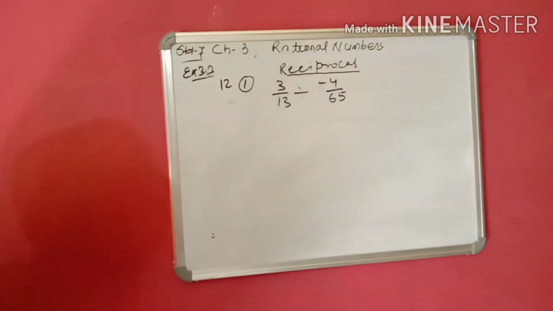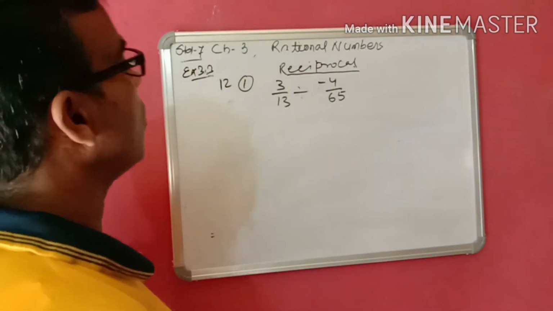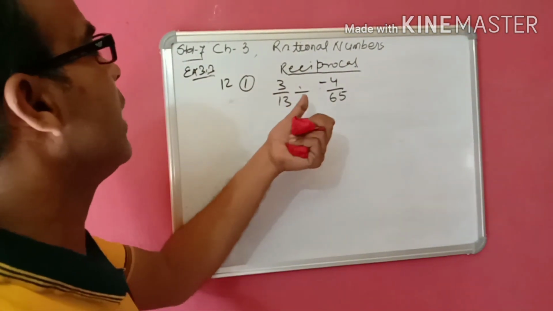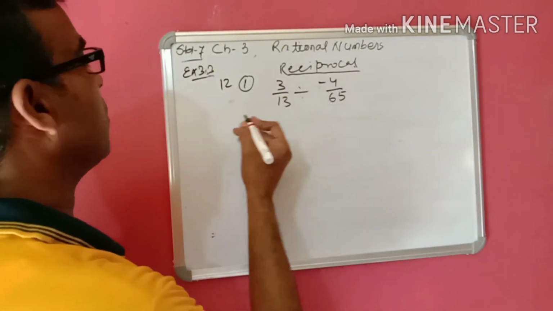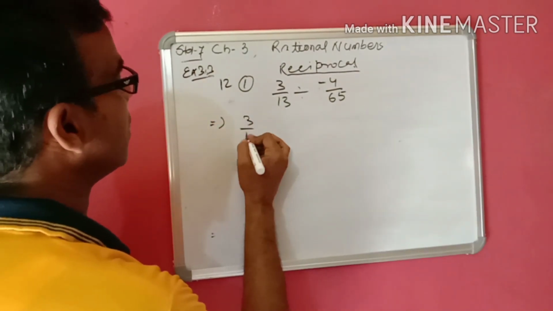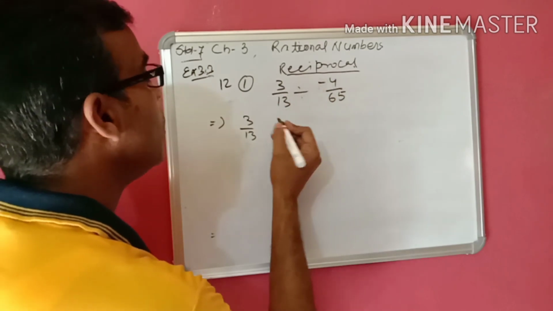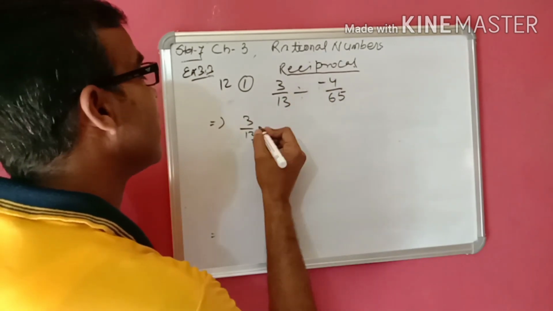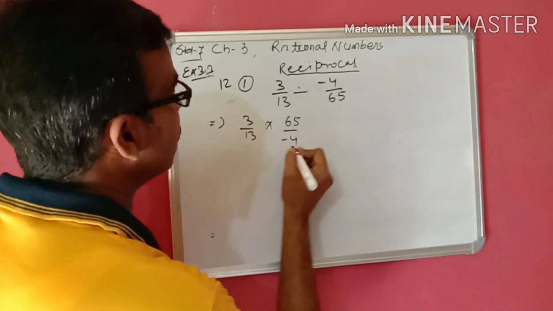Now see, reciprocal. According to exercise 3.3, question number 12, first it is given 3 by 13 divided by minus 4 by 65. Reciprocal. So first of all, what can I write? 3 by 13. Here we have to do the reciprocal too, because the divide sign is there I have to multiply, means 65 by minus 4.